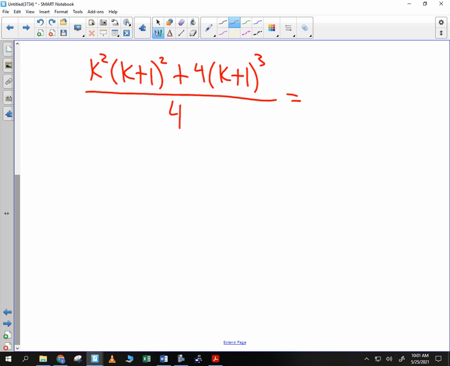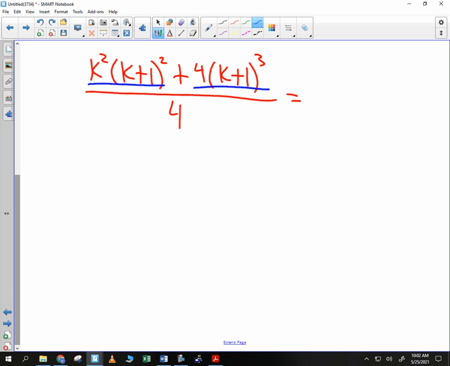Now, some of you said, well, I don't know if I really want to go through the work of multiplying that out. And depending on how good you are at factoring, you might not have to. Watch. It's really cool. I have 2 terms. I have that term, and I have that term. What do both of these terms share in common for a factor? K plus 1 squared, right?